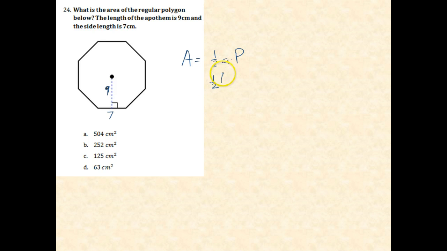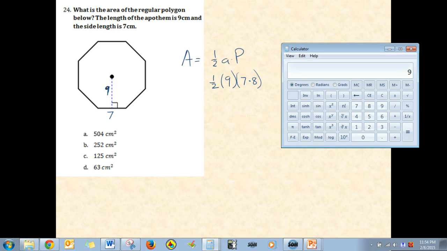So 1/2 times 9, and then the perimeter is 7 times 1, 2, 3, 4, 5, 6, 7, 8. 7 times 8. Alright, so 9 times 7 times 8 is 504, divided by 2 is 252. So the answer is B.